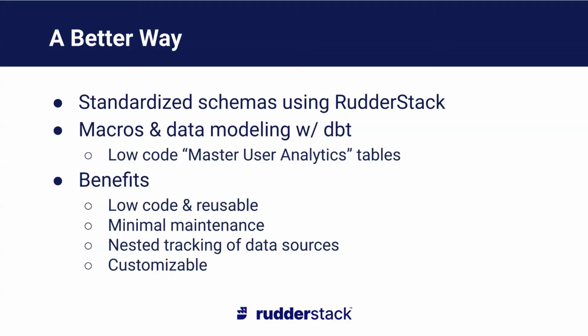And so being able to track the source of that data using this master user analytics table is key in troubleshooting for any sort of bugs or errors that we might encounter, or any sort of anomalous data interactions. And again, it's customizable. So it allows you to do it across the board. So, we have a customer portal, we have our web app, our desktop app. We can blend all of this data together and specify nuances to each of those if you want to go in and actually modify the macro itself.